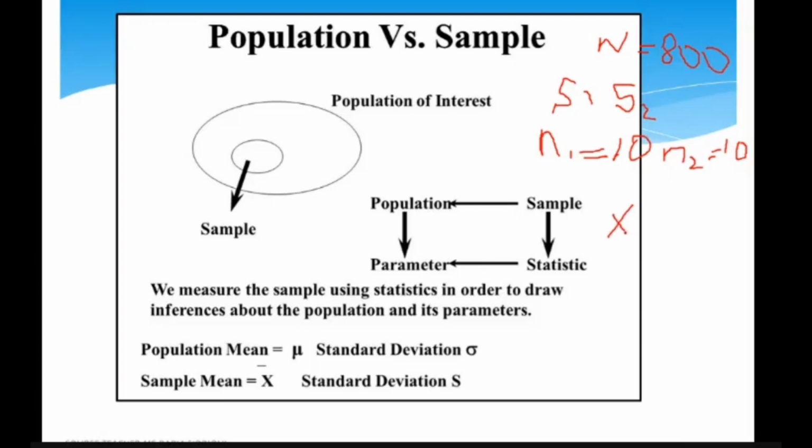When you find the average of sample number 1, it is x1 bar. When you find the average of sample number 2, it is x2 bar. These values describe the sample numerically. These are called statistics, and you use this information.